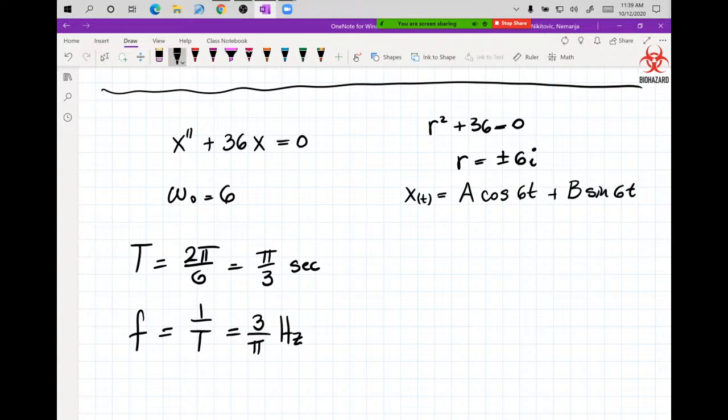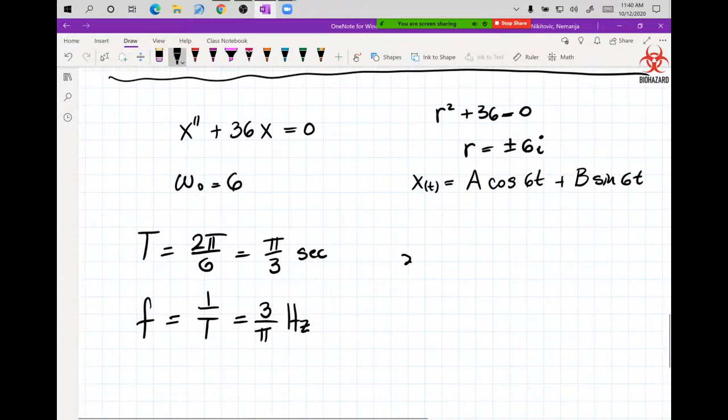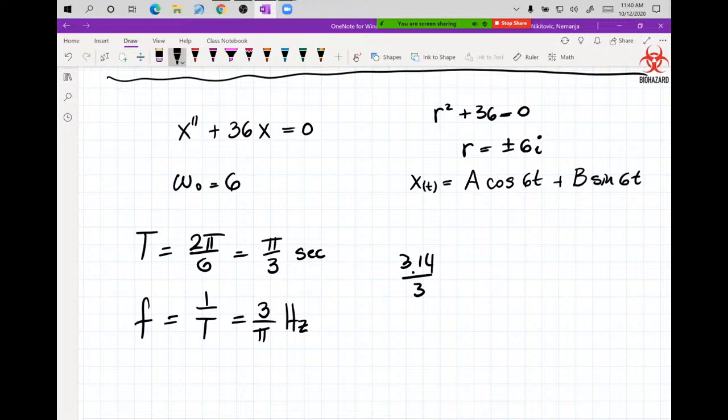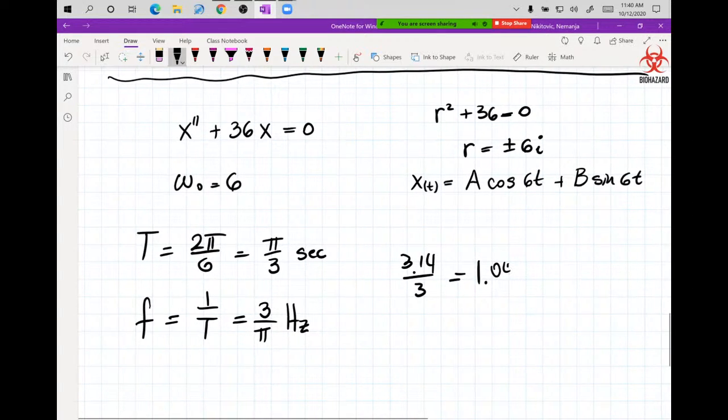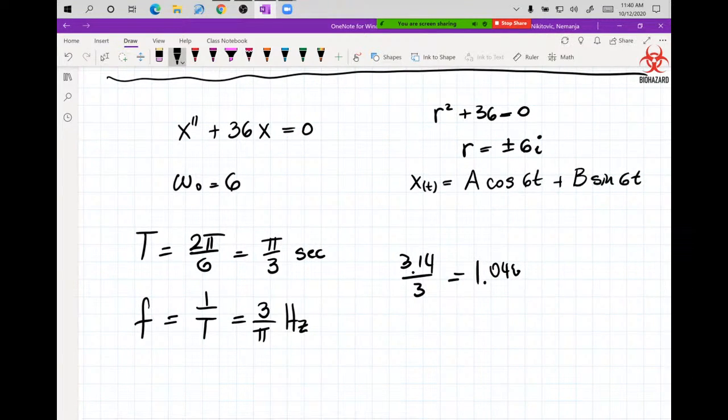So I immediately have the period, pi over 3, that's about 1 second. Now, what that means is that this motion repeats roughly every 1 second. I know it's 3.14 over 3, right? So it's like 1.04666666 going forever, right? But call it roughly 1, right?